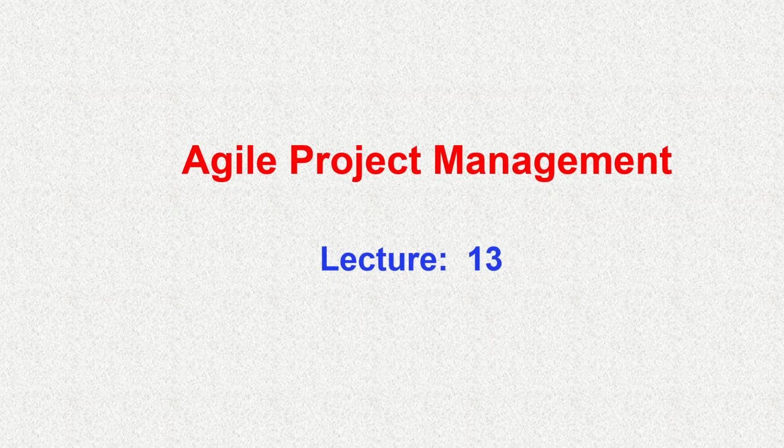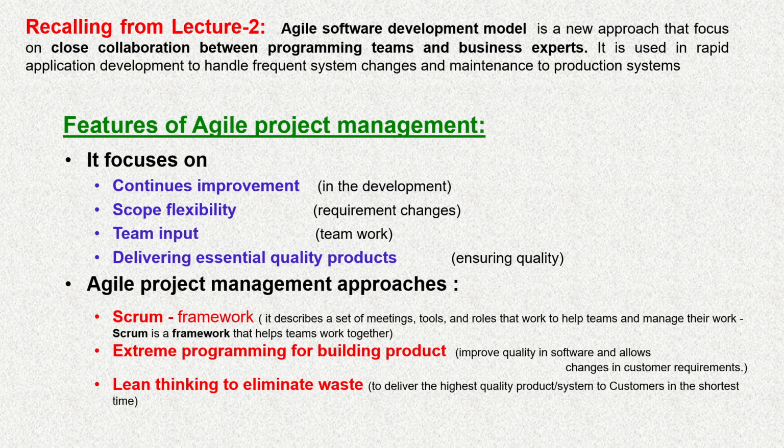But when it comes to Agile project management, what is it? This is a new approach, which we discussed in lecture 2 and in our system analysis and design. The main focus here is collaboration between the development team and the business people. It's collaborative work, not like the traditional model where we define the requirements and follow the plan.